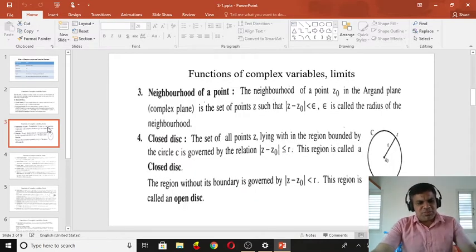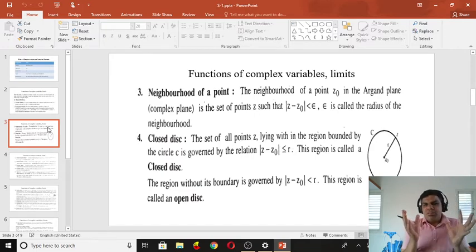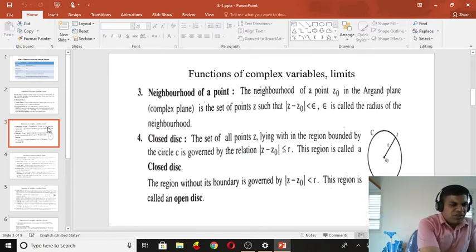Suppose you take a point z and z naught, where the neighbors of that are the neighborhood points. We define the neighborhood of a point z naught in the Argand plane or complex plane. What's the Argand or complex plane? We already know. Suppose we take the xy plane, and P is any point with coordinates x, y.